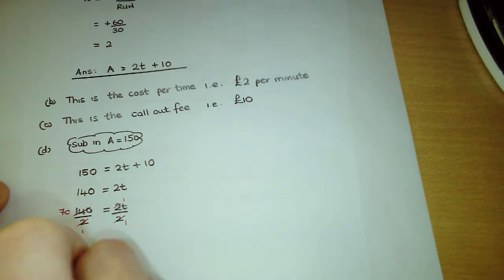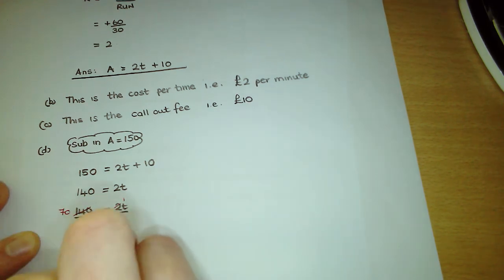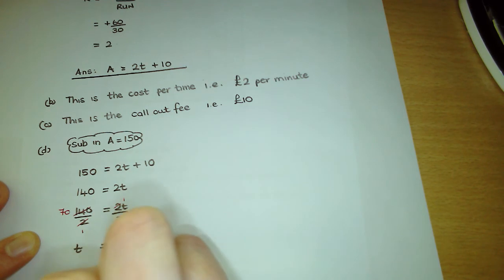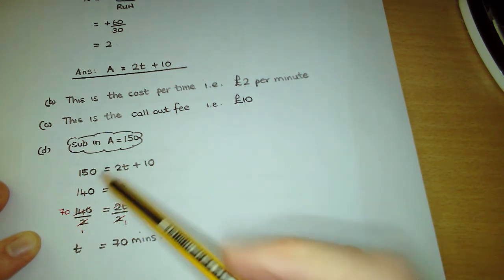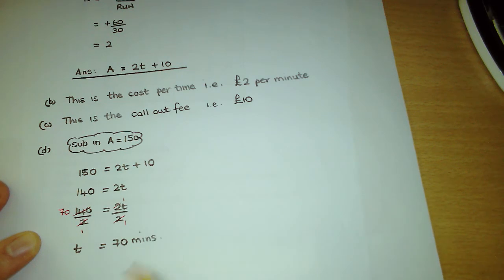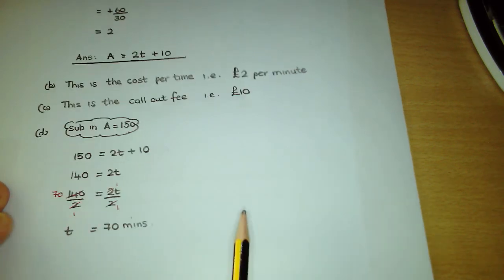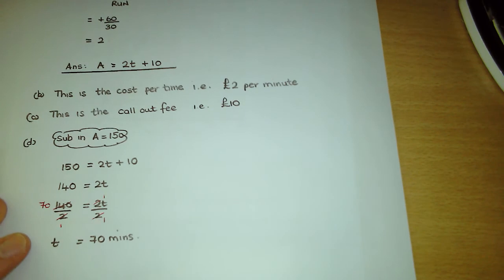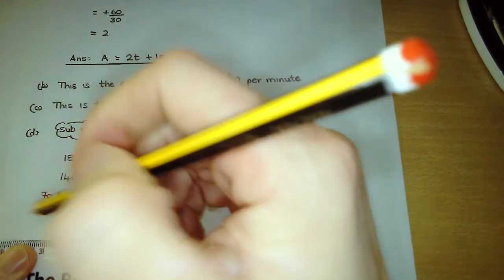So answer, T is equal to 70 minutes. So a man's charged £150 for repairing his washing machine. It therefore took 70 minutes for the repair to take place. Okay. Part D.